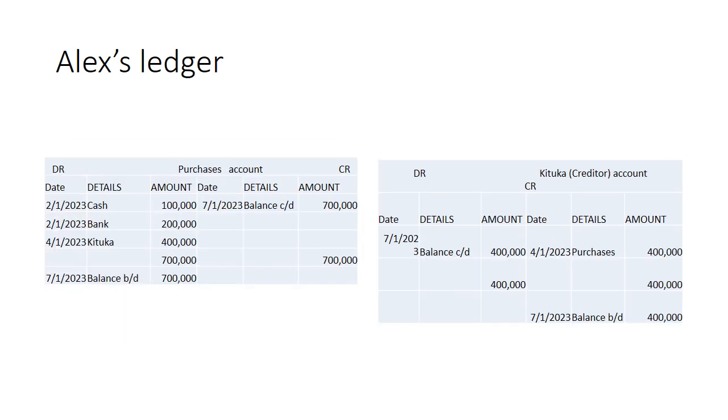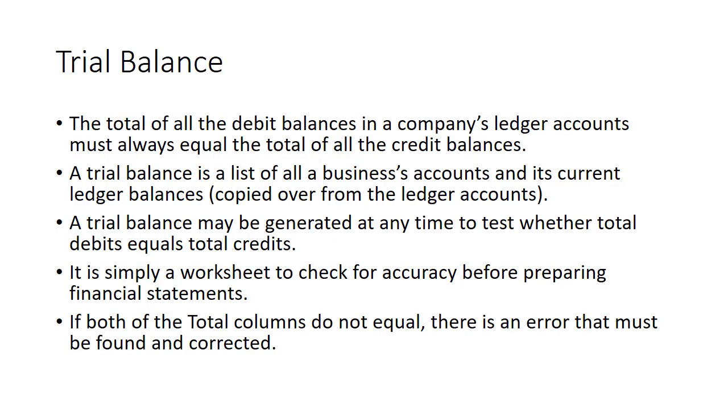The other one is the purchases account, where we made purchases from the bank and cash, 100,000 and 200,000, and again on the 4th made another purchase from Kituka, 400,000. So this gives us a balance of 700,000. Again, Kituka, from whom we made a purchase of 400,000, is our creditor, and hence this balance stood at the end of the week.